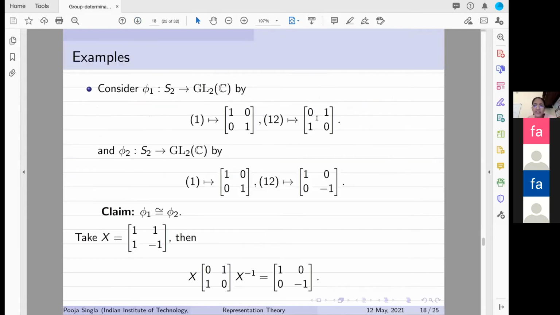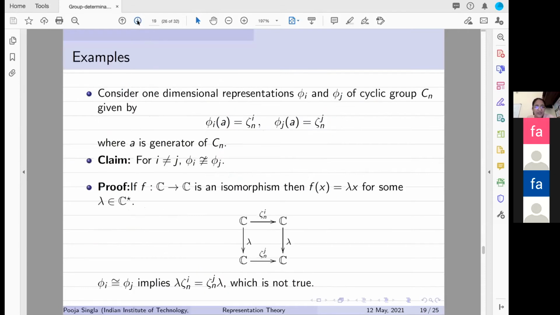In this case, the only non-identity element is (1 2). So the equivalence follows because I can find the matrix X given by (1 1; 1 -1), which conjugates this matrix to this matrix. One can check that the definition would imply that these two representations are equivalent.